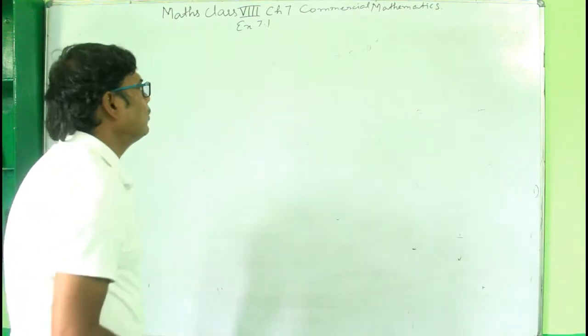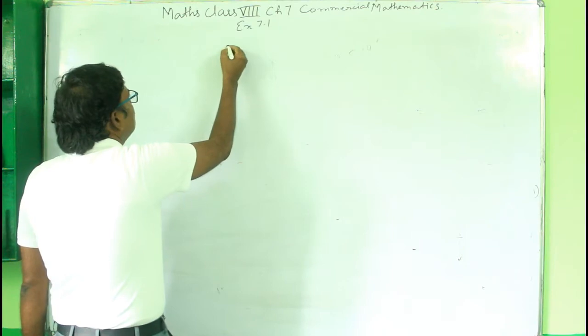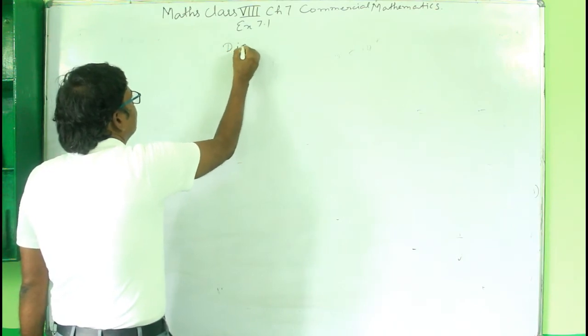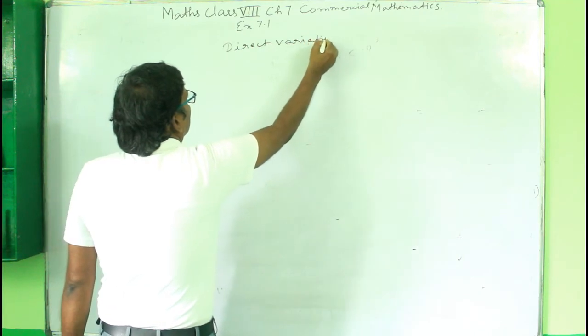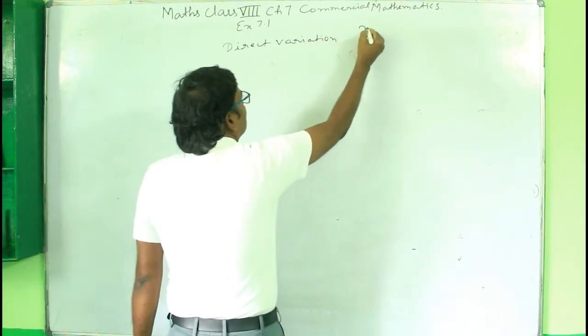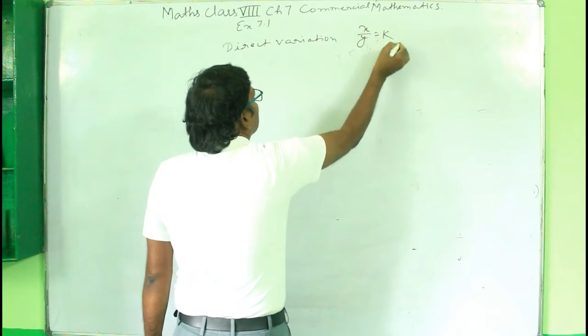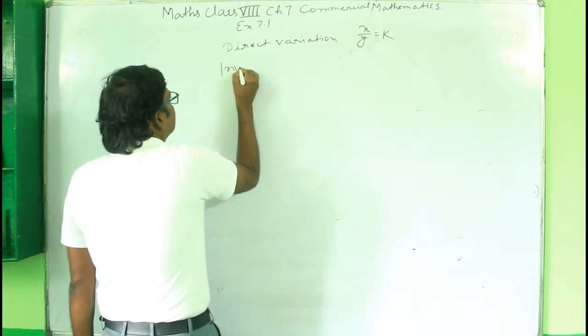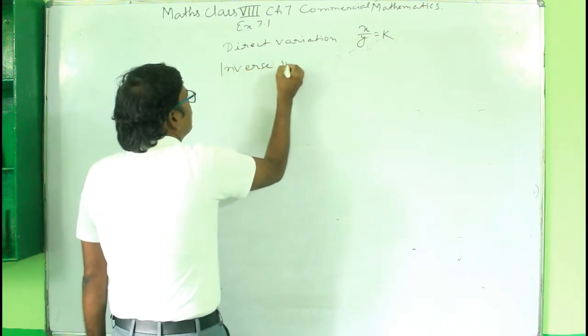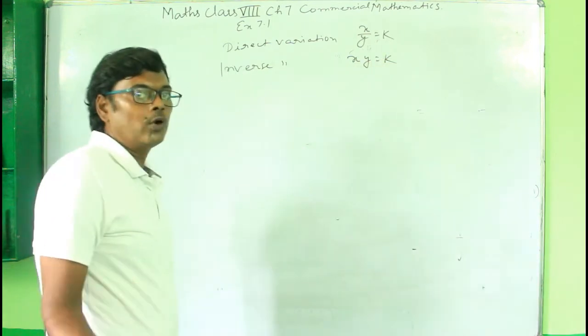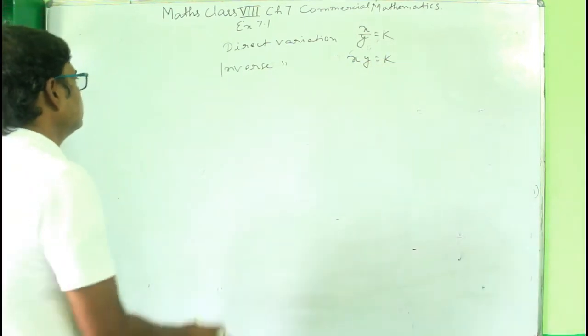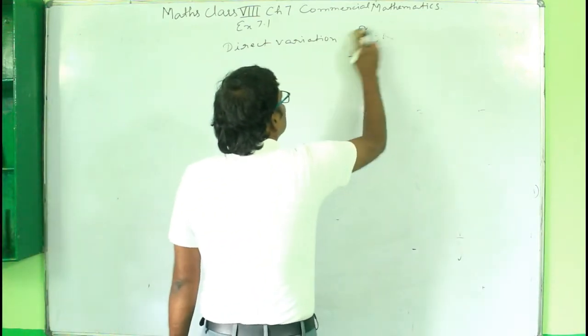Here you have to remember, for direct variation you have x by y equal to k, and for inverse variation you have x into y equal to k. These are the two formulas, and they will be used to solve the questions.